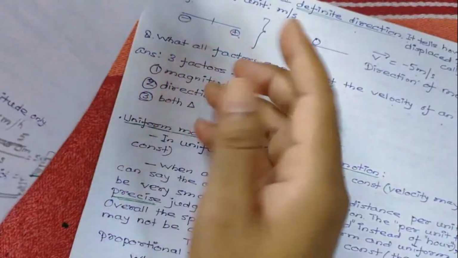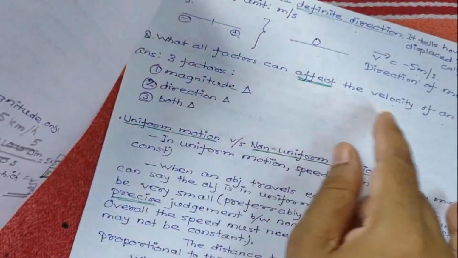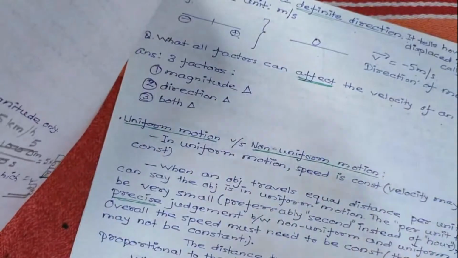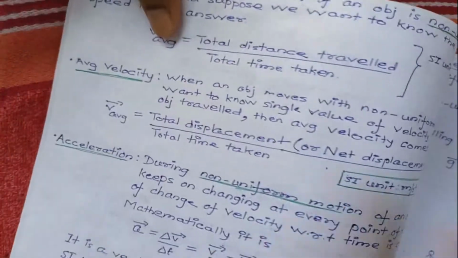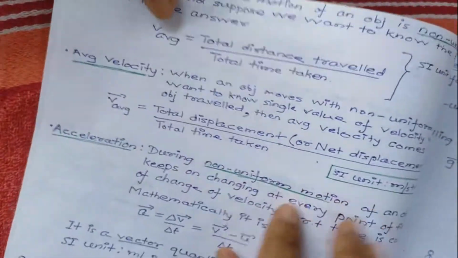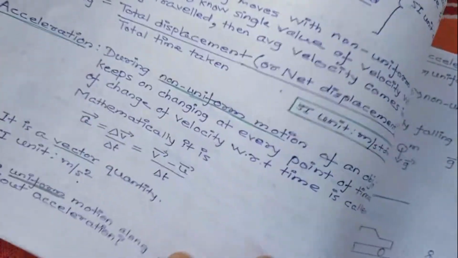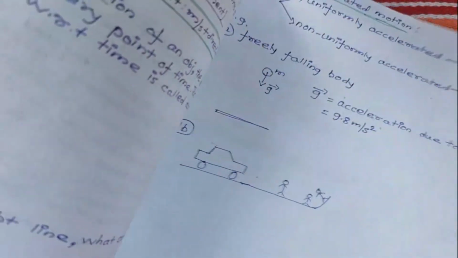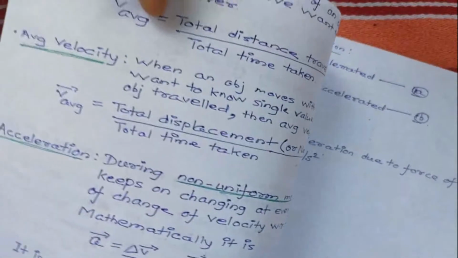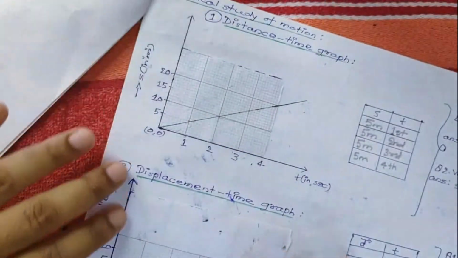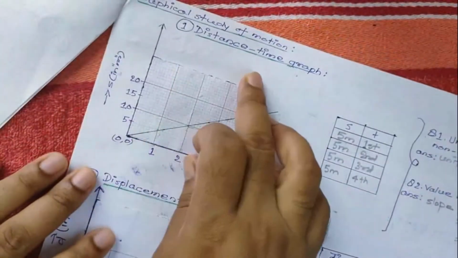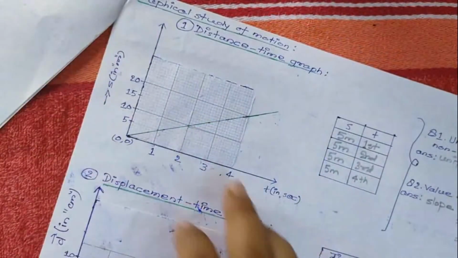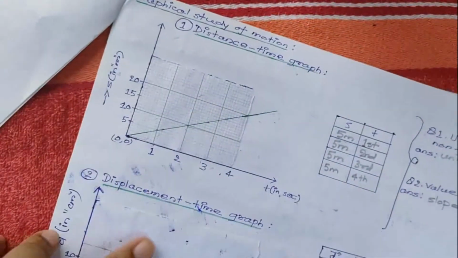We know what speed is, what velocity is, what the difference between them is, what factors can affect the velocity of an object, what uniform motion is, what non-uniform motion is. We know average speed, average velocity, acceleration, right? We know different types of accelerated motion, uniformly accelerated, non-uniformly accelerated. We have spent good time on the graphical study of motion. So we have studied distance time graph, displacement time graph, right?